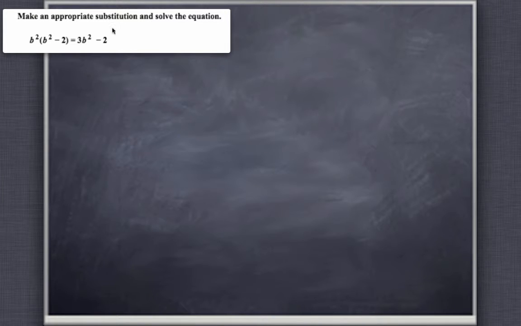So that means we want a substitution for b squared. Usually we use u for substitutions, so I guess I will. So u equals b squared. So then we have u times u minus 2 equals 3u minus 2. So u squared minus 2u.